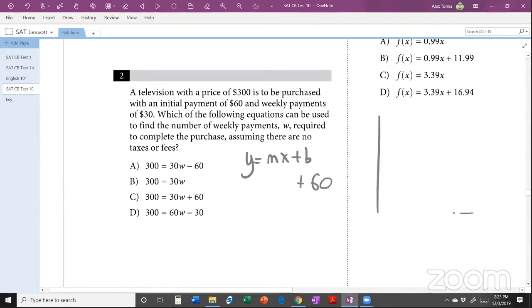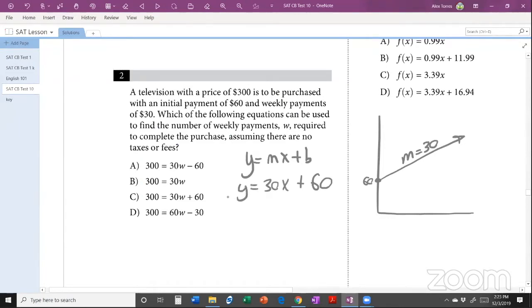So the starting point of 60 is your y-intercept, and the weekly payments of 30 are the rate of change. The money is going to change by 30 for every week that goes by. That's your slope, your rate of change. So for a nice simple question, that gives us 30x plus 60 as the basic equation.